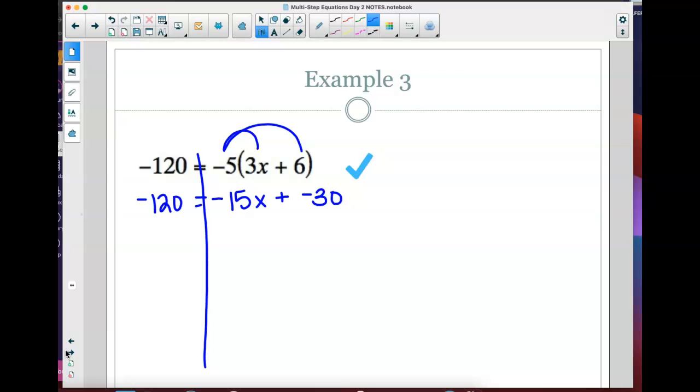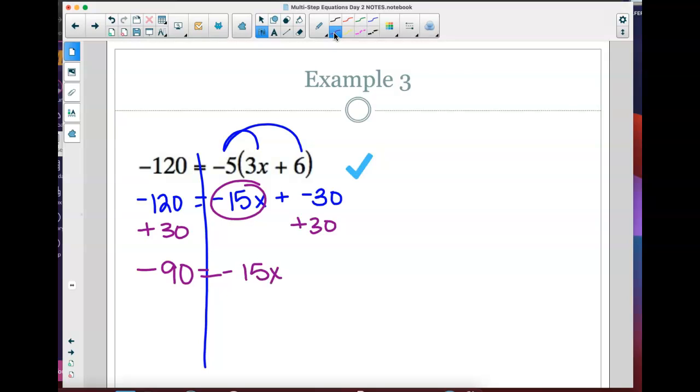Is that what you had? Do you agree? Then we are going to keep the variable and the best friend together and get rid of this negative 30. How do I get rid of a negative 30? Plus 30. So I'm going to put plus 30 on both sides. So I have negative 90 equals negative 15x.